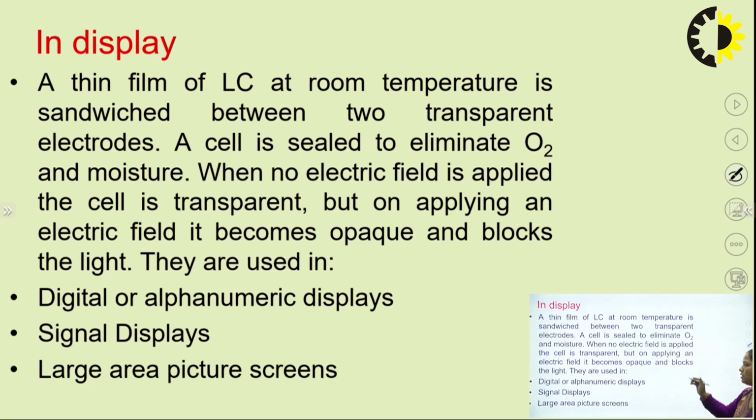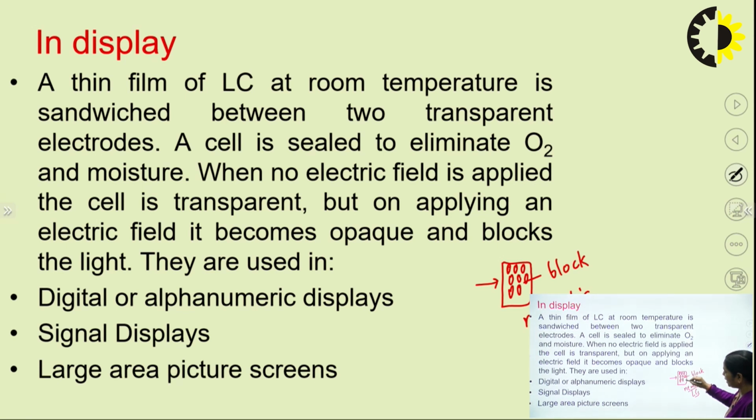So here we can say in this display system, it works on blocking the light principle rather than the reflecting the light principle. In this application, we are actually using nematic type of liquid crystal. As you must remember, nematic liquid crystals are those liquid crystals which get aligned in the presence of electric or magnetic field.